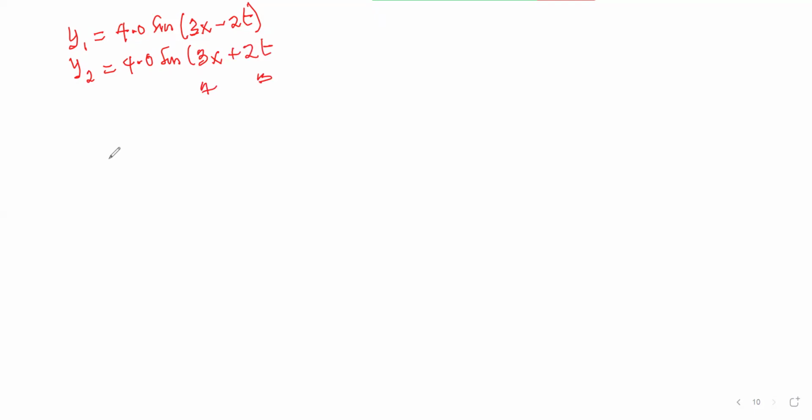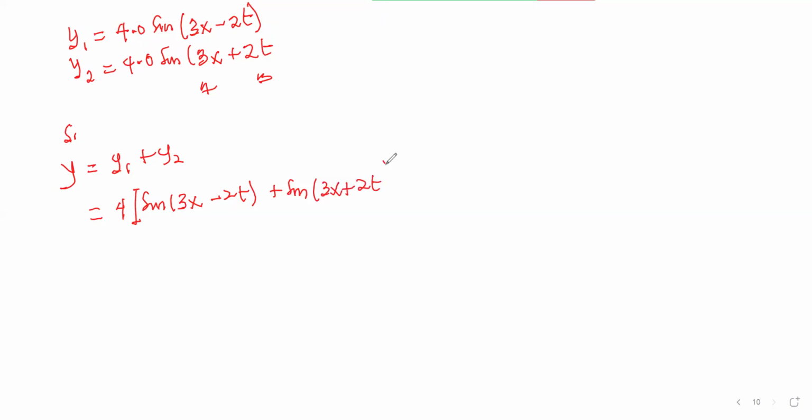This is A, this is B. So if we expand sine, the equation of the stationary wave must be this. Therefore, we have sine of 3x minus 2t plus sine of 3x plus 2t.